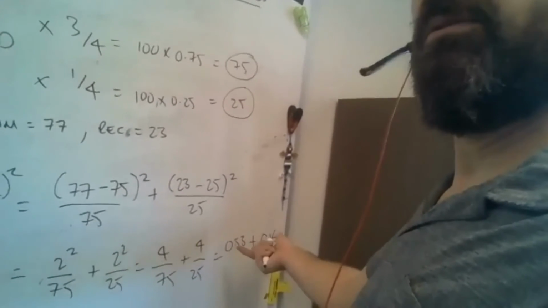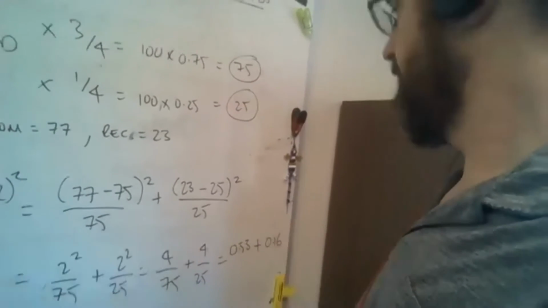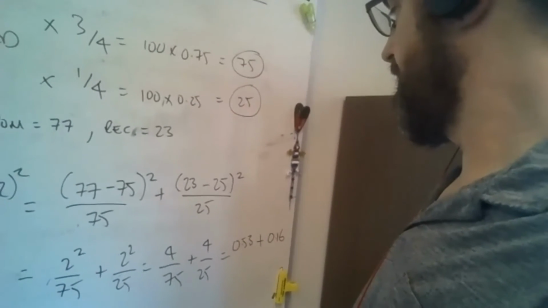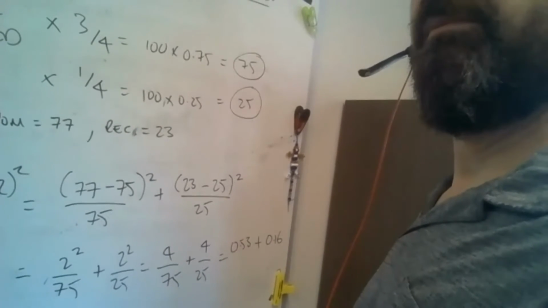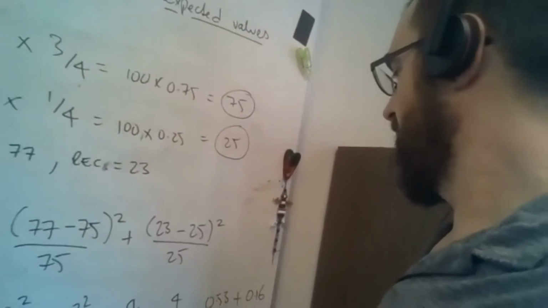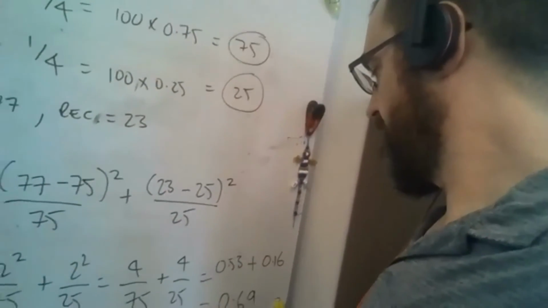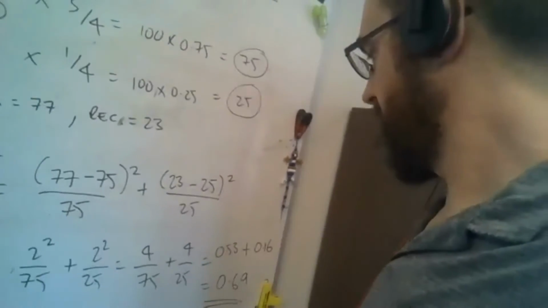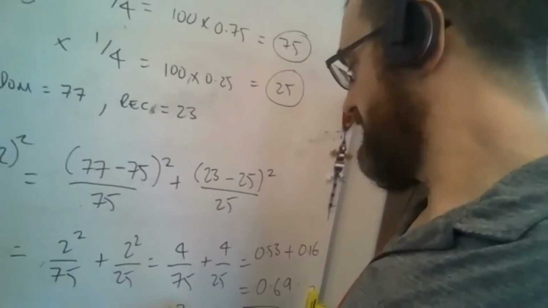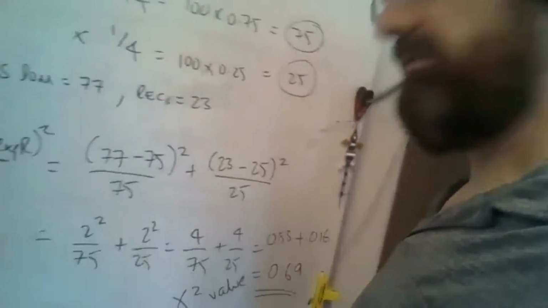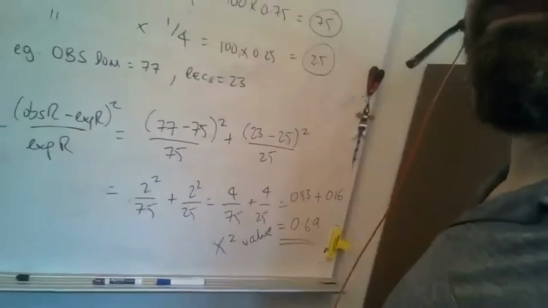Is it that way around, or is it that way around? Doesn't actually matter in the end. Yeah, okay. So together that is 0.69. Right. And that is our chi-squared value after all that.